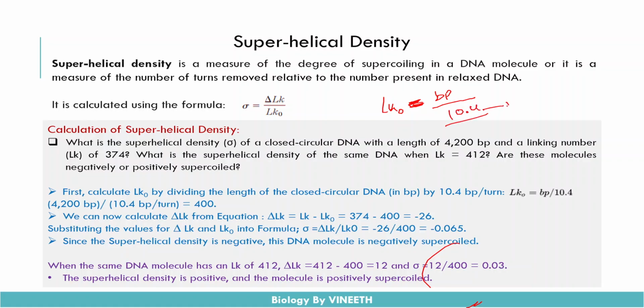This 10.4 is for the B DNA, or the relaxed DNA, since the majority of DNAs will be in B form, the relaxed form.